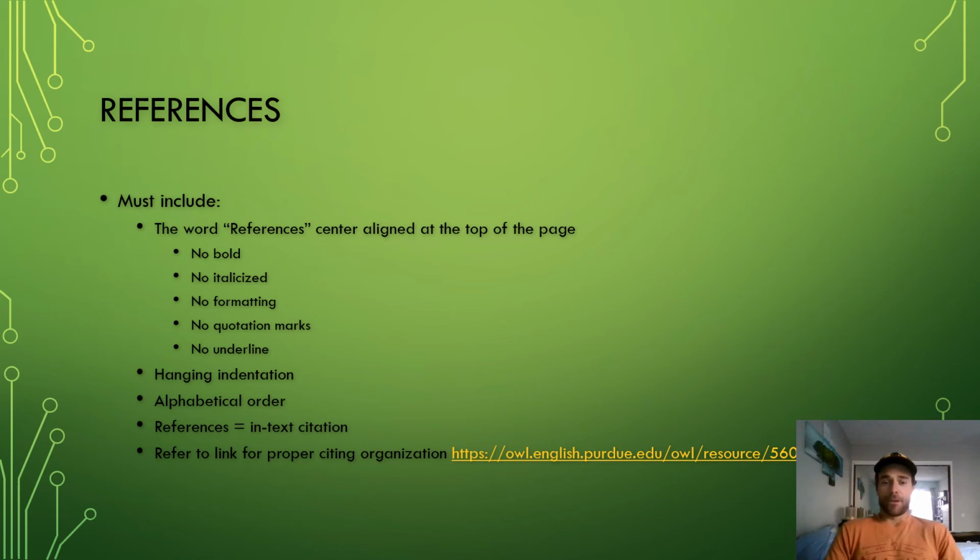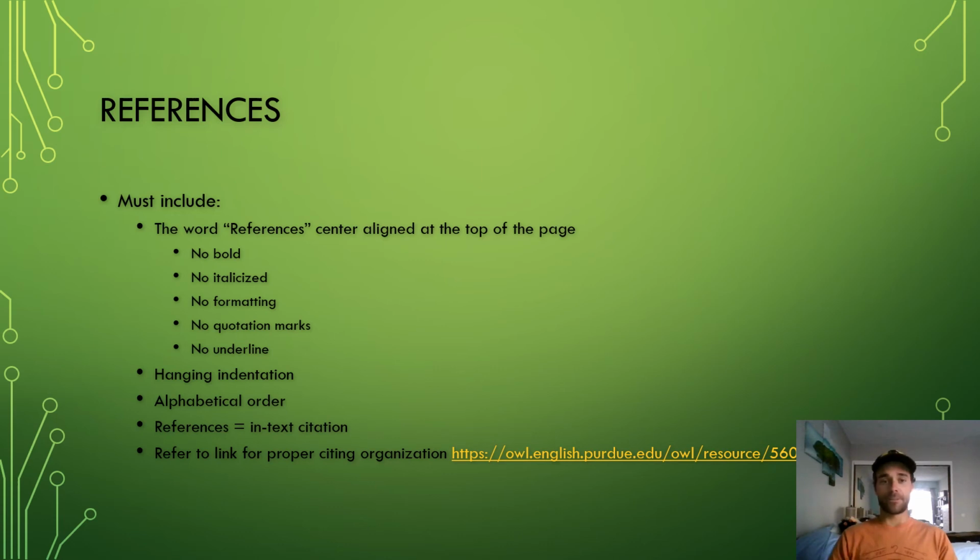Now, there are very specific ways in which you reference material. There is not really enough time to go over all the different types of referencing. I have included a link here to the OWL English Purdue website that will help you navigate what to include in types of referencing, whether it is referencing from a book, a journal, something edited, translated, something that was a video.